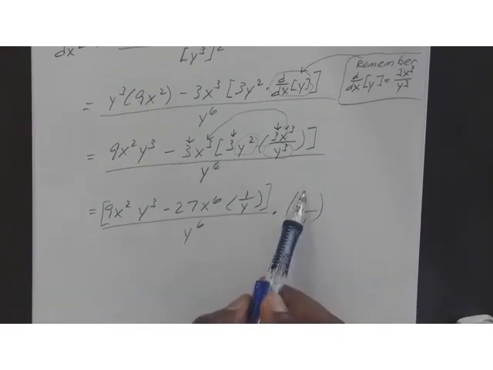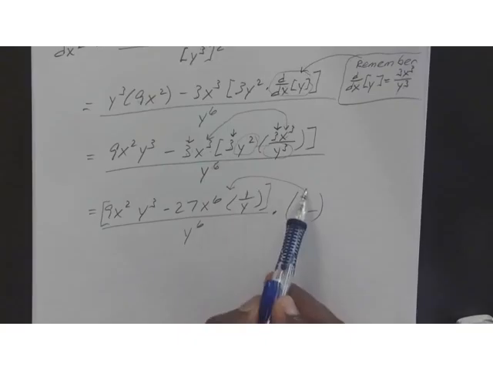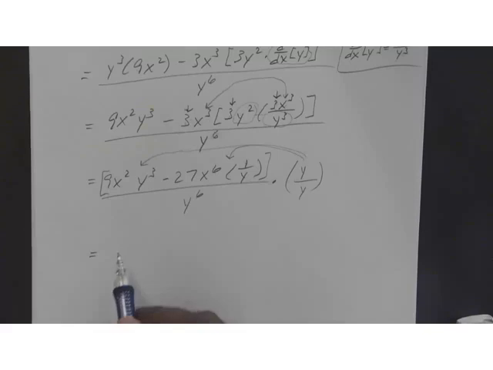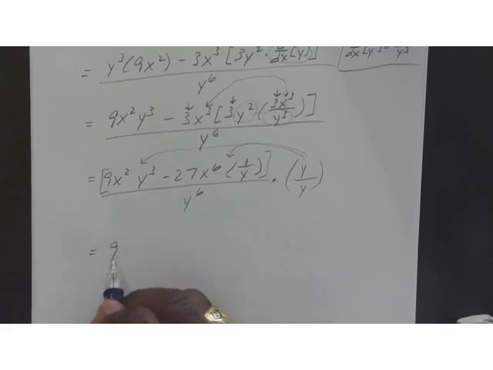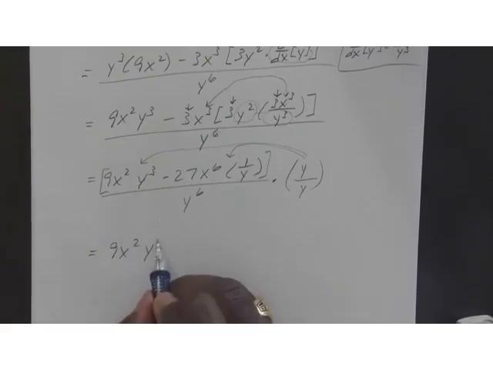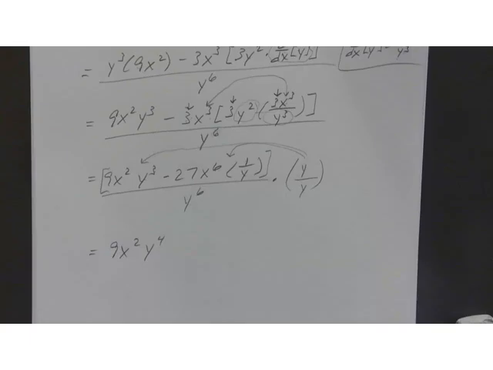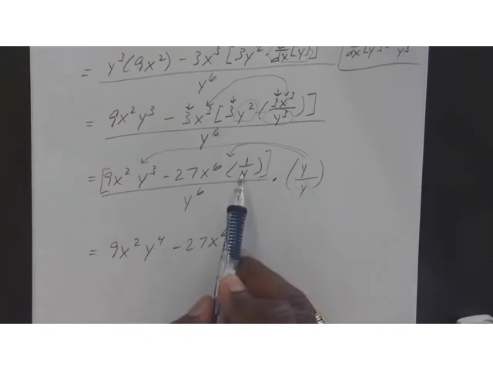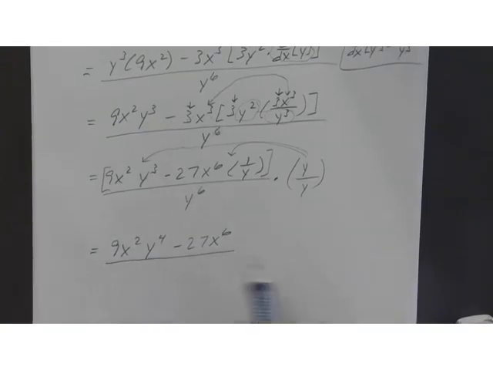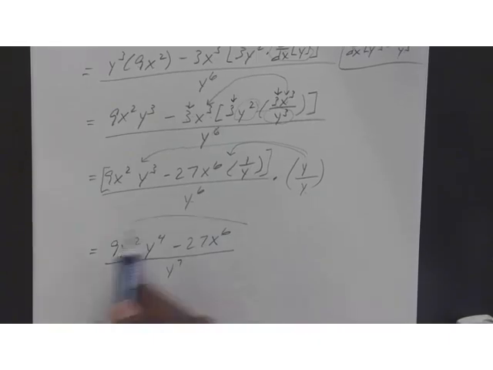So from there, we're just going to go ahead and distribute the y to both of these terms. That gives us 9x squared times y to the fourth power minus 27x to the sixth power. This y and this y cancel each other out, so that just becomes 1. All divided by, we multiply these two, that just gives us y to the seventh power.